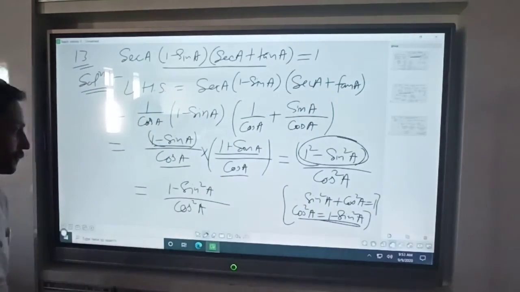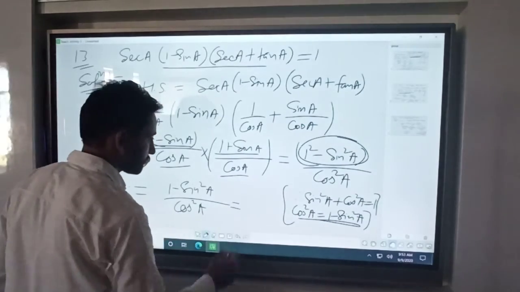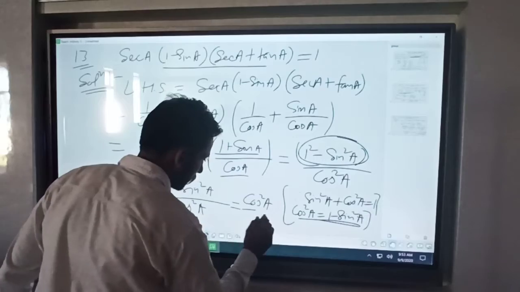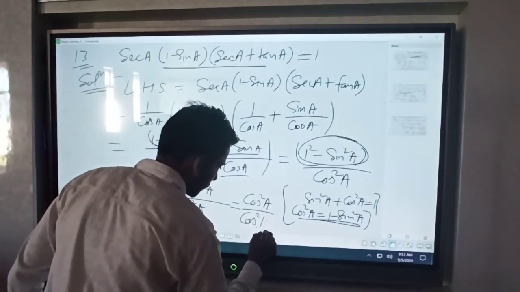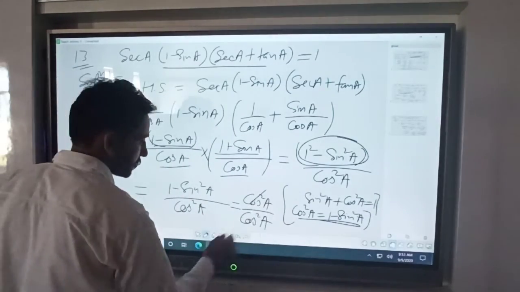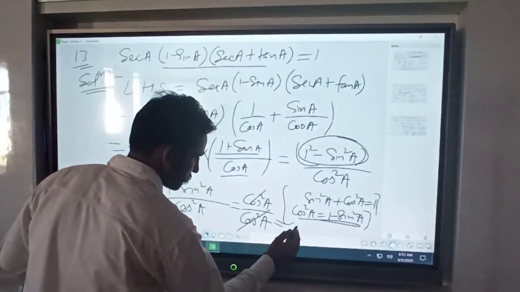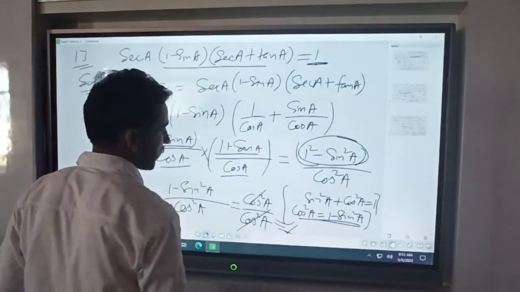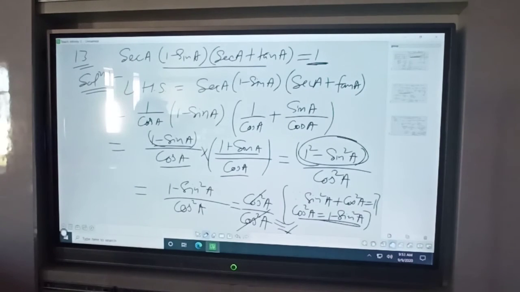From here it becomes cos square A over cos square A. Both are same, so cancel each other. It becomes 1. There is a right hand side 1. So left hand side is equal to right hand side. We have proved that the left hand side is equal to right hand side.